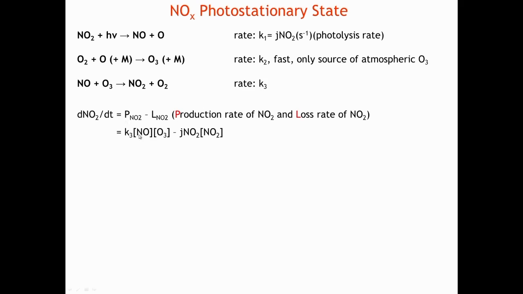And the production rate is NO times ozone times the reaction rate between these two. So dNO2 by dt is the production rate minus the loss rate.